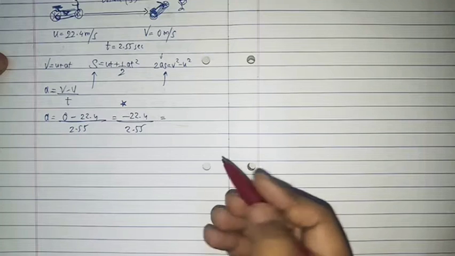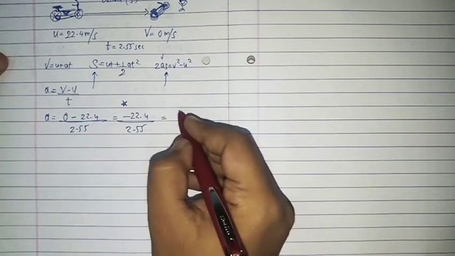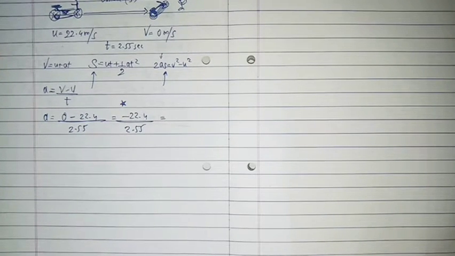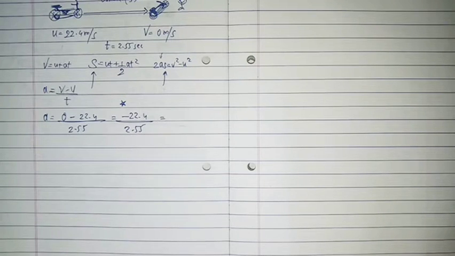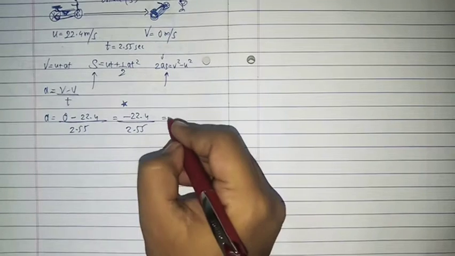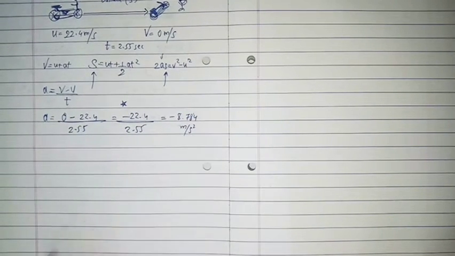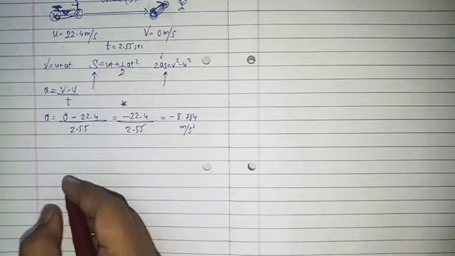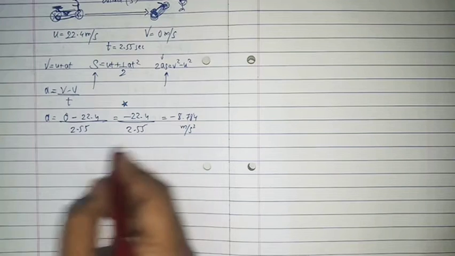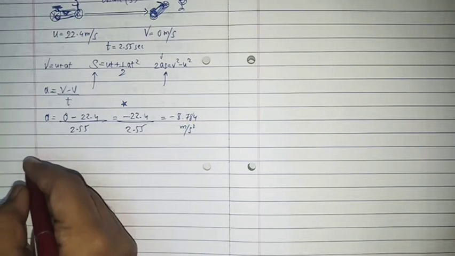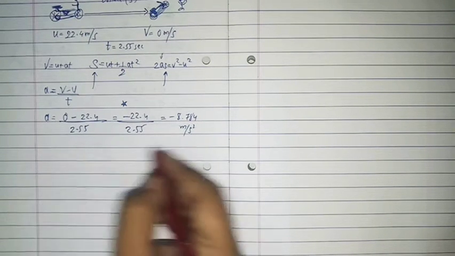I'll use the calculator. It's something like minus 8.784. I'm very poor in calculations, but this is the way to do it. So minus 8.784 meter per second square.